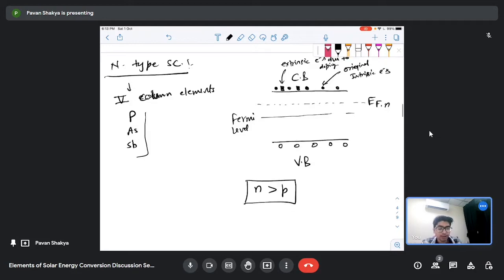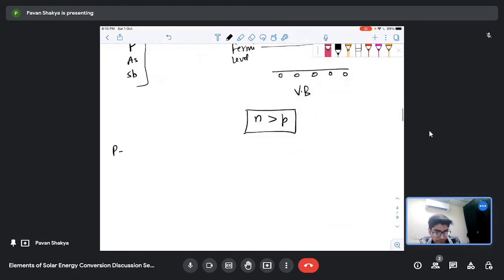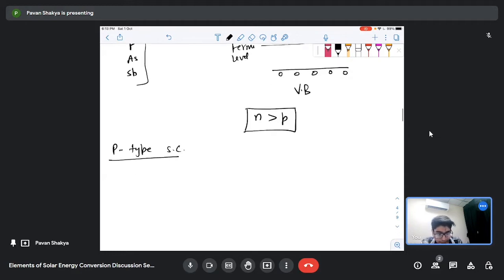Now next we will move to the p-type semiconductor. In the p-type semiconductor there will be more holes, and we do this by doping with elements from column three, such as boron, aluminium, gallium and indium.